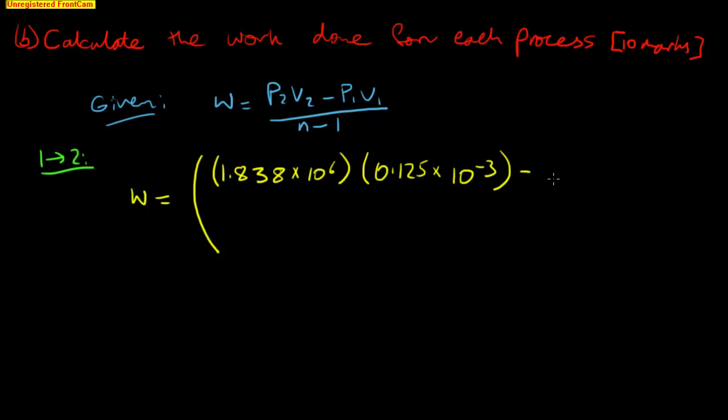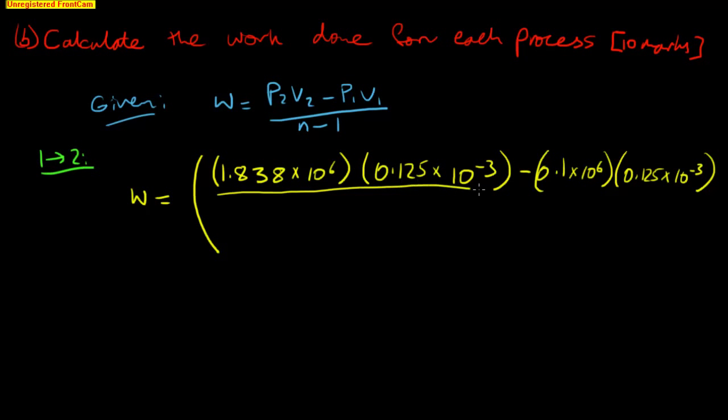V2, 0.1 megapascals and 1/8 of a liter. This is over our exponent, 1.4 minus 1. So then it's just a matter of calculating this out.